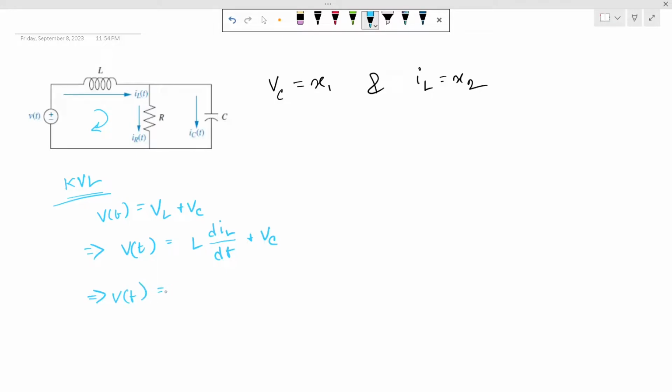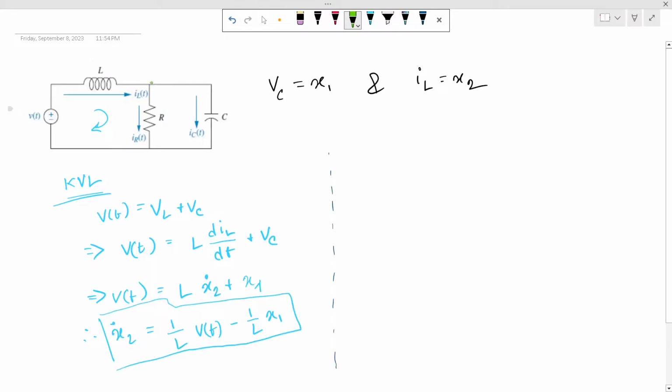So Vt is equal to L x2 dot plus x1. Here dIL by dt is the derivative of x2, IL, and Vc is the state variable, so this will be x1. Now x2 dot will be 1 by L Vt minus 1 by L x1.